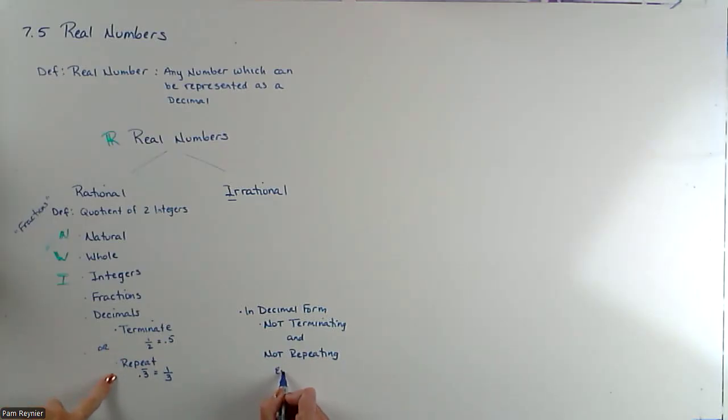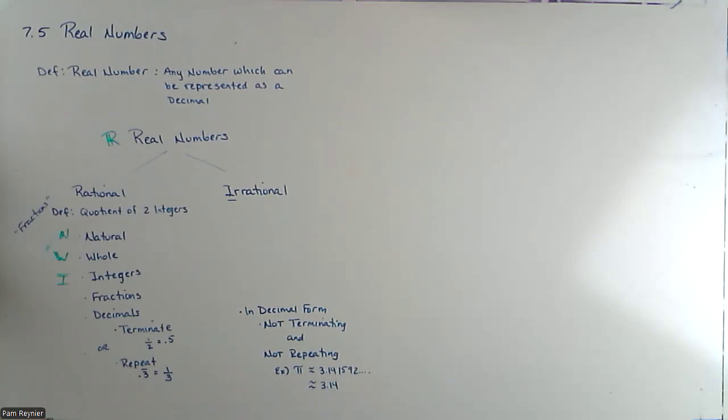So an example might be, you might be familiar with pi, which is approximately 3.141592. It keeps going on and on. And so we usually approximate it at 3.14. Or Euler's number, e, 2.714. Okay? But it's pretty much anything that is non-terminating, non-repeating.